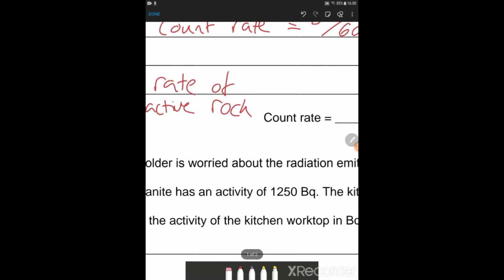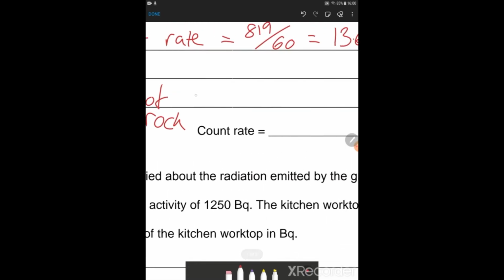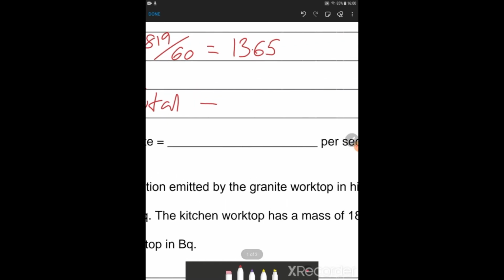It's going to equal total count rate minus the background.